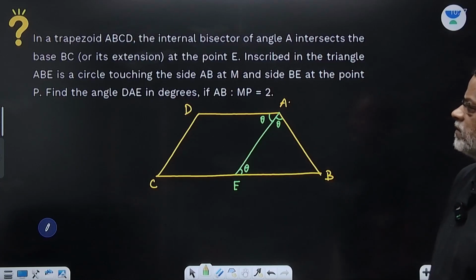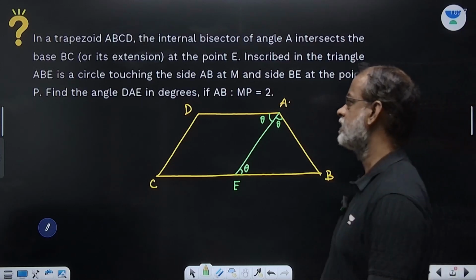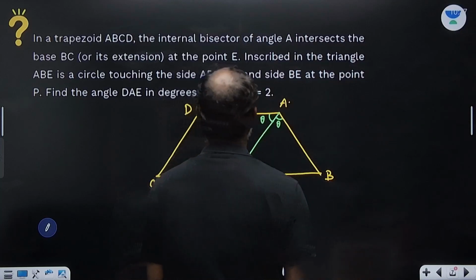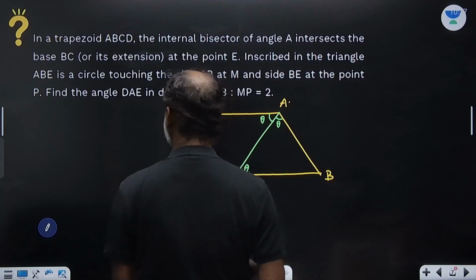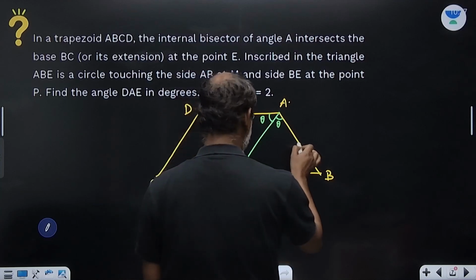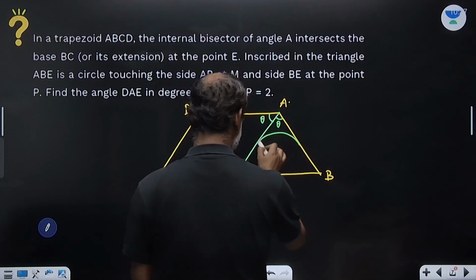Now, ABE, okay. Inscribed in the triangle is a circle touching the side AB at M and side BE at P. So, you are drawing incircle to this triangle.